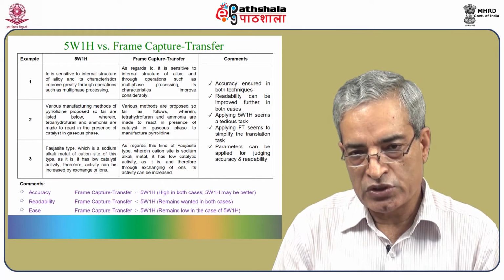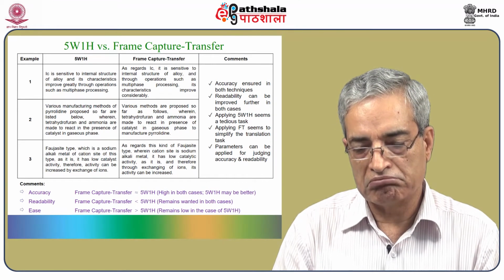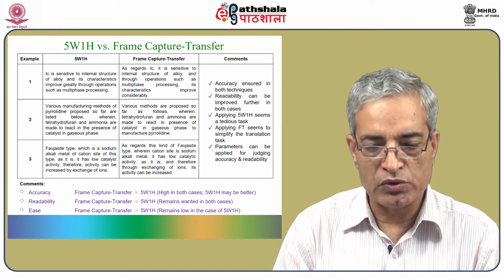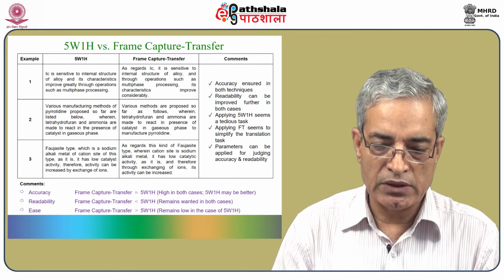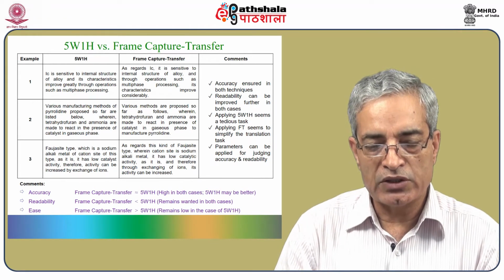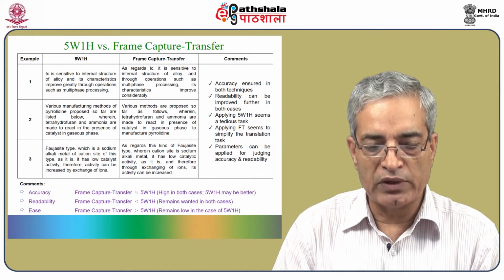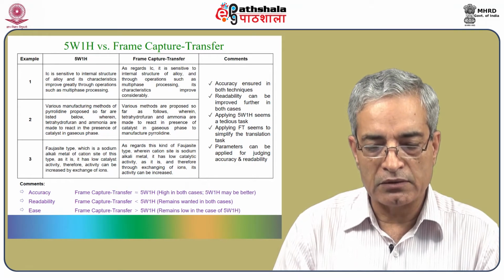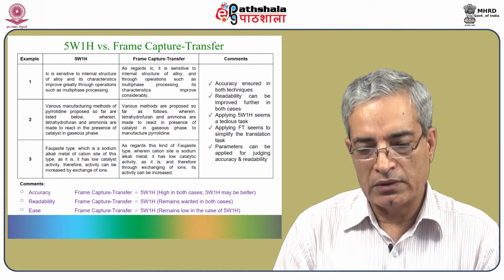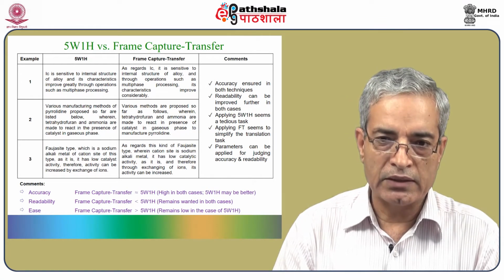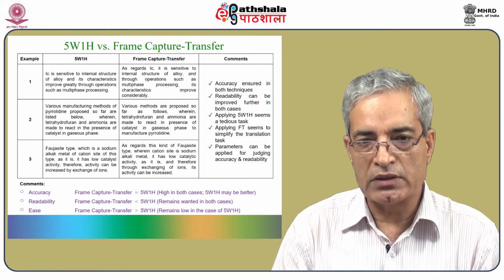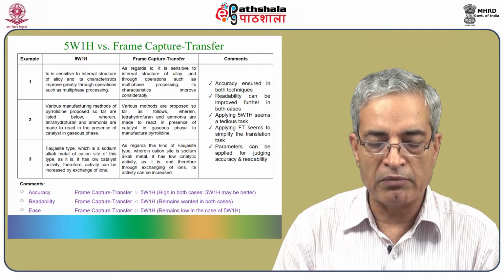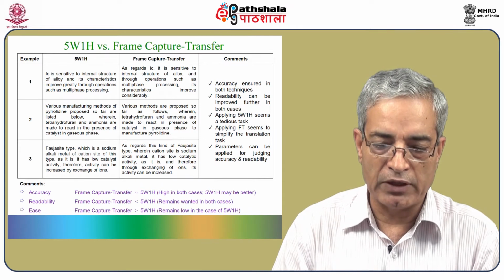And the comments which we had seen in the summary of the previous modules are that the accuracy could be slightly better in the case of 5W1H. Readability, frame capture transfer has got lower ranking as compared to 5W1H, whereas the ease of doing is much more in the case of frame capture transfer when we compare it with 5W1H.